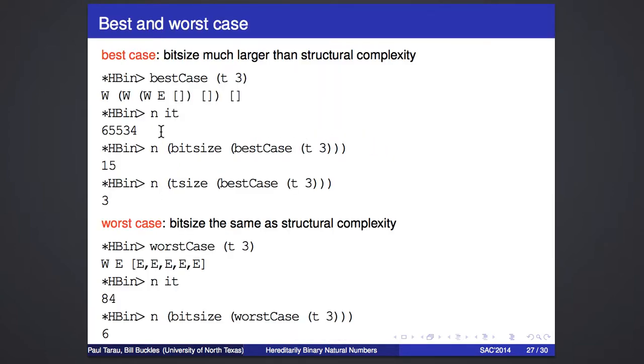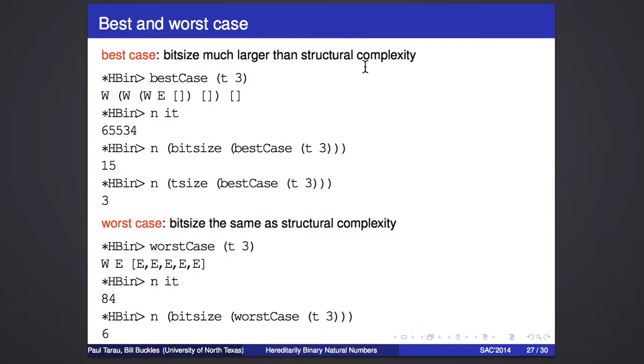So our best and worst case corresponds to actually having a tower of this form of applications of W that gives 65,000 something versus a bit size that would, so the bit size in this case would be 15, but the term size, the tree actually here, would be only 3, so that's a clear best case.